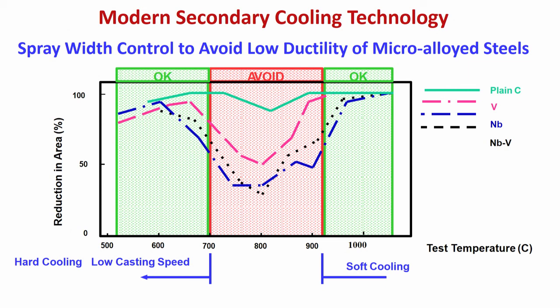Number 2, uniformity of cooling is very important. By uniformity of cooling I mean throughout the surface it should be uniform. That means the nozzles which are using water sprays should not get choked, partially choked or fully choked, or they should not get misaligned. If they are misaligned, I have explained what can happen.